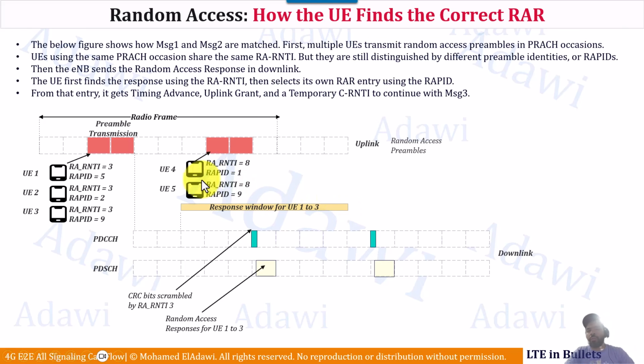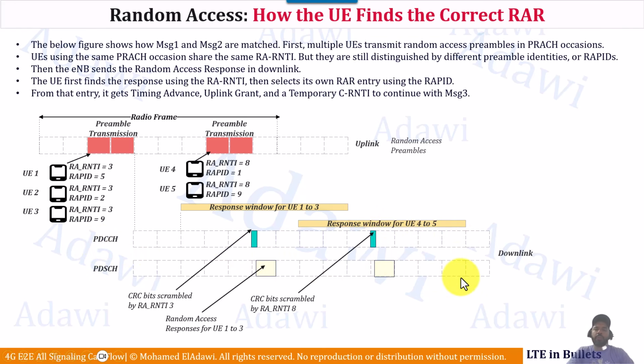Same idea for UE 4 and 5, which were using the same RA-RNTI but again different random access preamble identities, 1 and 9. So again, another response window timer will be started for these users to try to decode the physical downlink control channel. And again, they will be able to descramble the bits based on the RA-RNTI 8, which is this one, being scrambled here for the physical downlink control channel.